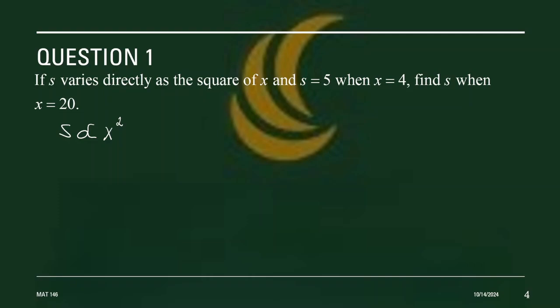Right, s is proportional to x squared, which means that s is some constant of proportionality k times x squared.